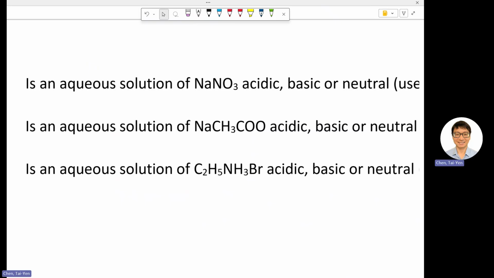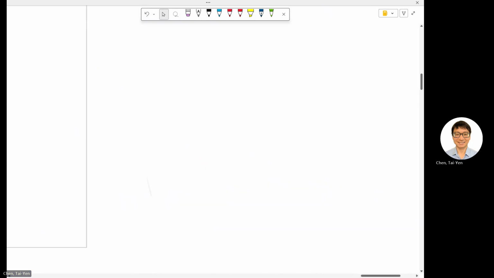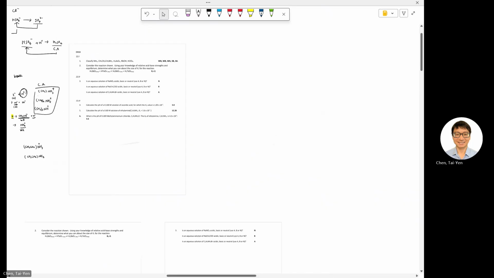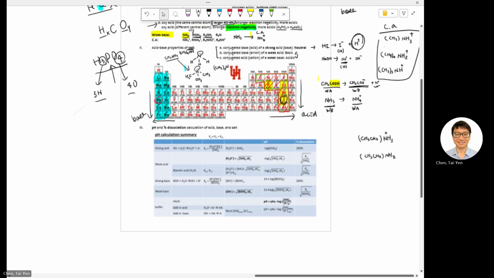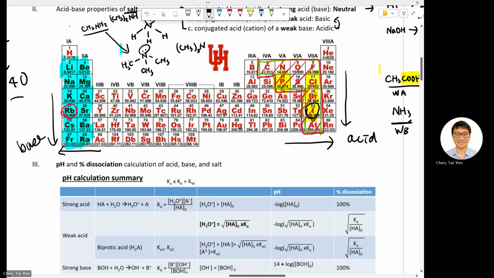If you look at the chemical formula, the typical thing you're going to see is that it contains 1A, 2A, or 7A elements. So what do I mean by that? Again, go back to your periodic table. 1A, 2A, and 7A, which is this, and this.